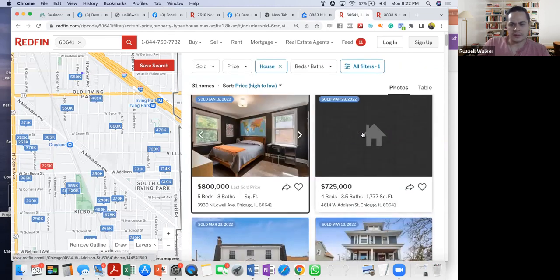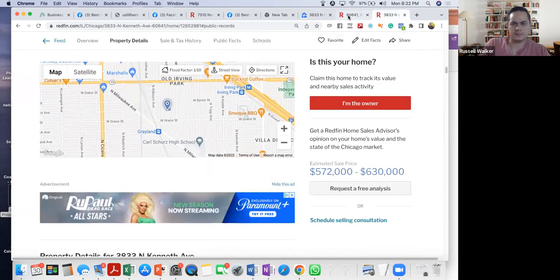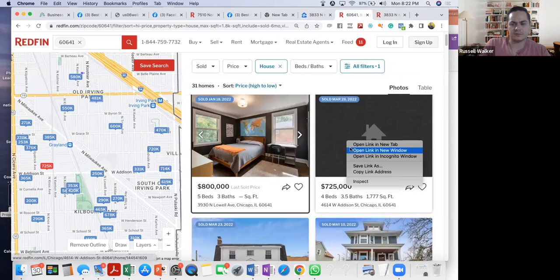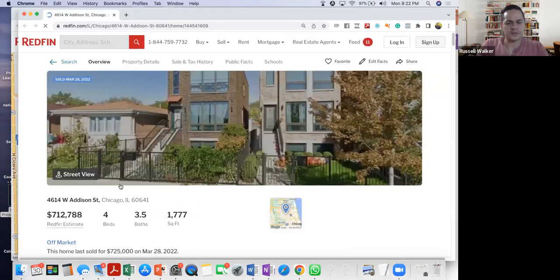There's one comp that sold at 800. This property is at 3833. Just making sure I have the right area. Yep. So 800 is one, at 725. And sometimes Redfin doesn't have the pictures.